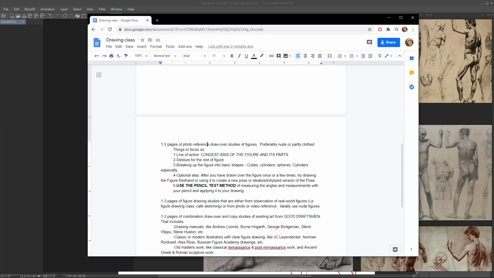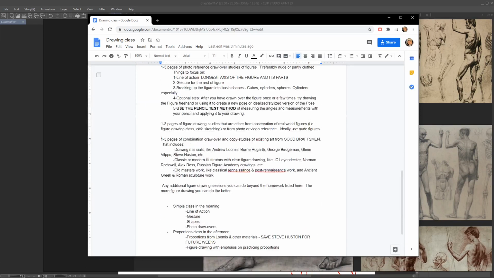So that means draw overs of photos, observation drawings of figures and photos for the figures, and then combination draw overs and observation copy studies of good artists. So literally what I'm doing right now with the Russian Figure Academy stuff is the third one of these pieces of homework right now.